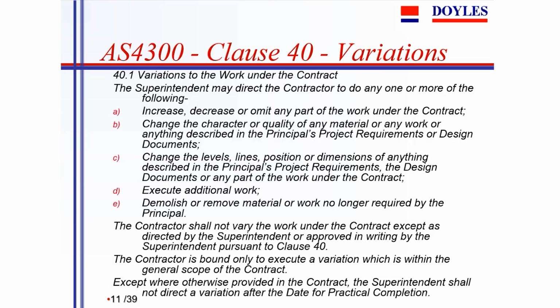One can expect, of course, that variations will cost more than tendered work. The reason for that is tendered work is pre-programmed work. It's work that's been carefully reviewed, carefully discussed, and carefully priced. And it's obviously been able to be subcontracted with certainty because the subcontractor has a definite scope of work on which to price.